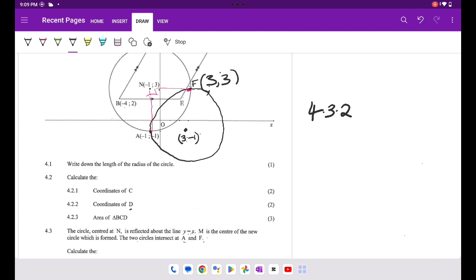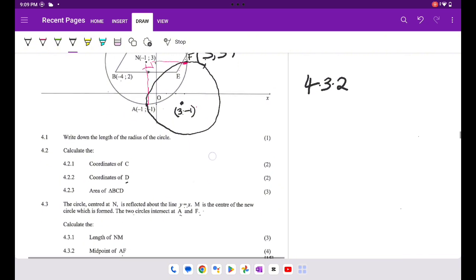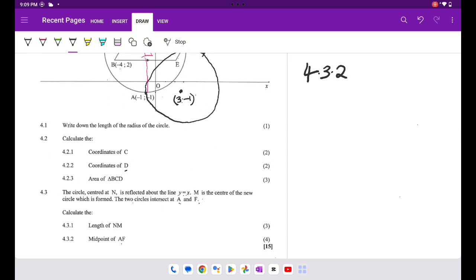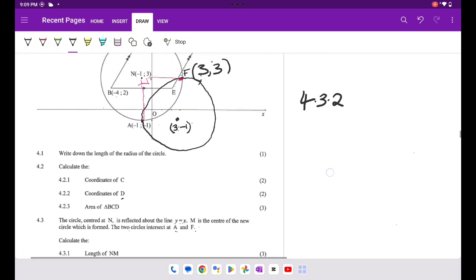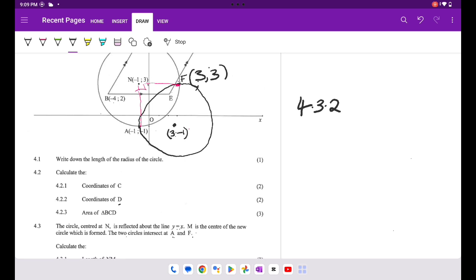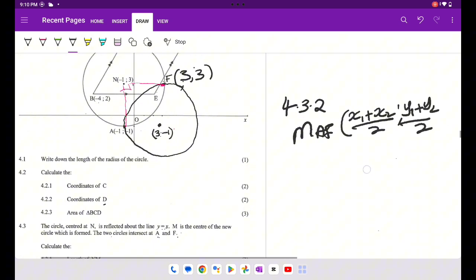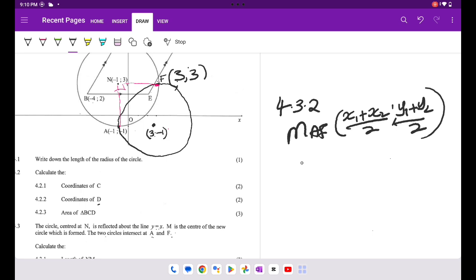So now the question is, calculate the midpoint of AF. We have the coordinates, so the midpoint of AF will be (x1 plus x2 over 2, y1 plus y2 over 2). So that is the midpoint formula.